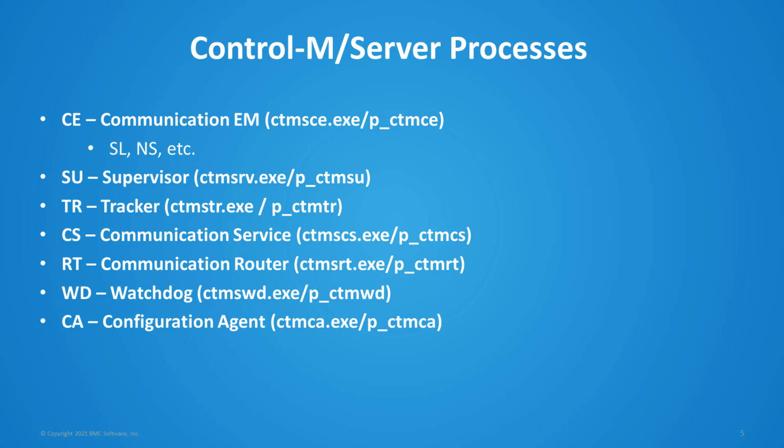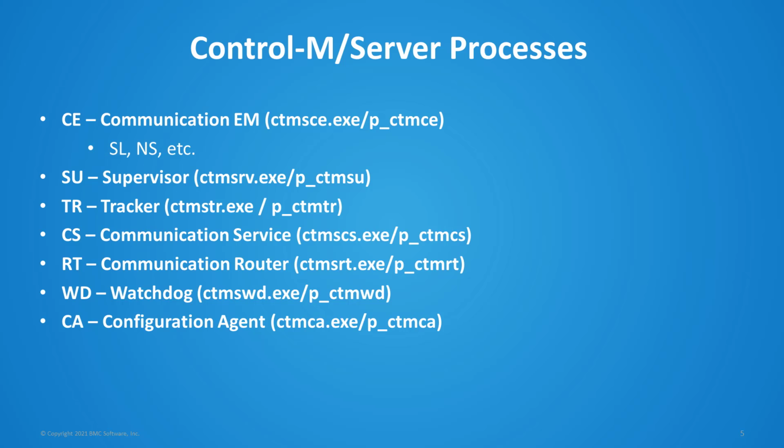The supervisor performs heartbeat monitoring of the Control M server processes. The tracker is responsible for jobs once they are submitted to the agent by the selector. The communication service handles all requests that come from the Enterprise Manager. This includes ordering jobs, job updates, and viewing a job's output.